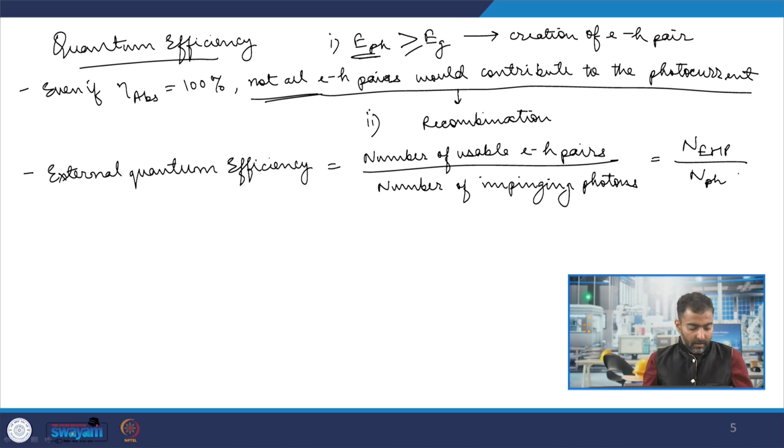So, this is the external quantum efficiency.